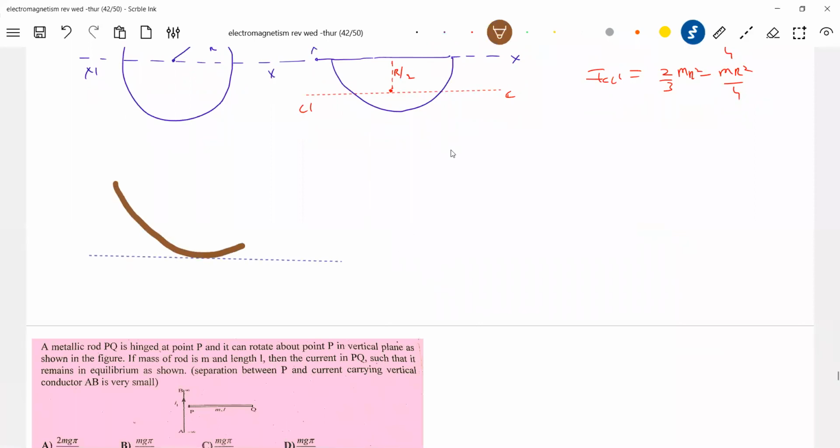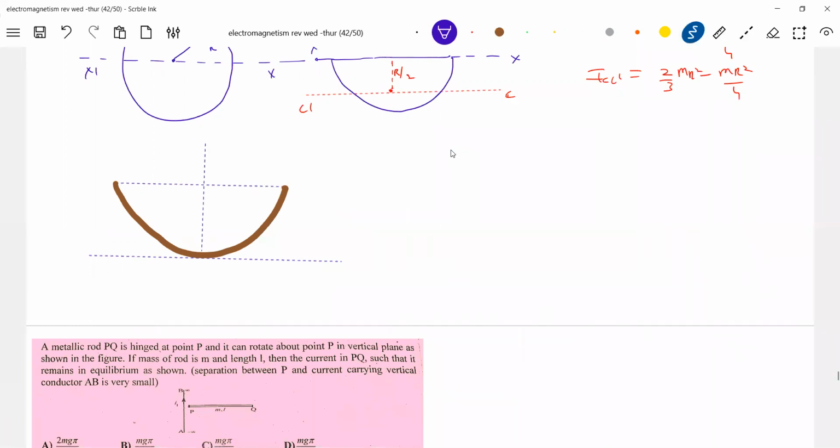You tell me, if I displace this slightly and release, what do you expect now? In this case, the force is acting on the entire shell, so it will rotate about the center of mass. But here the forces are acting only on the ring.